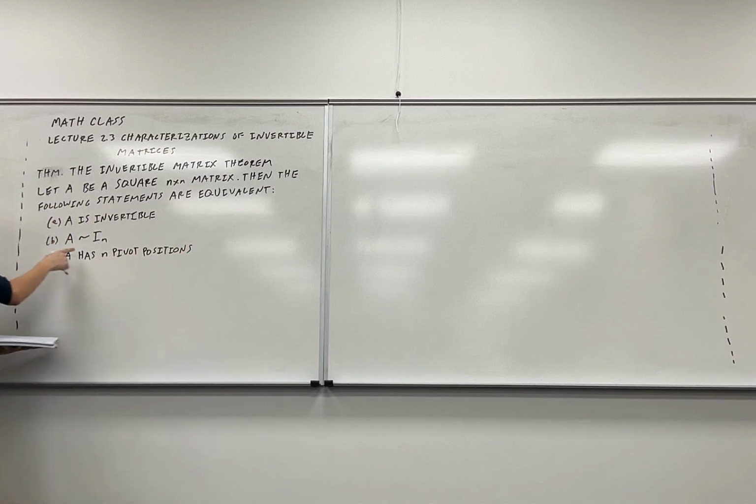And again, if you're row equivalent to an identity, just by definition, when you draw up the identity matrix, it has a pivot for every single row, and since the identity with n rows is going to have n pivot positions. So this isn't really something new, it's just a consequence of B, which is in itself a consequence of A.